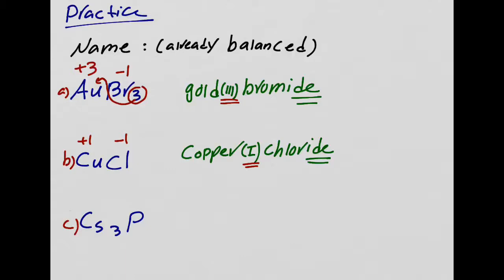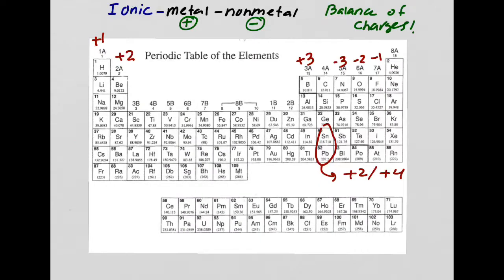Cs is cesium. And what is P? P is phosphorus, but it becomes phosphide. Cesium phosphide. Now, cesium is right here, with a +1 charge.